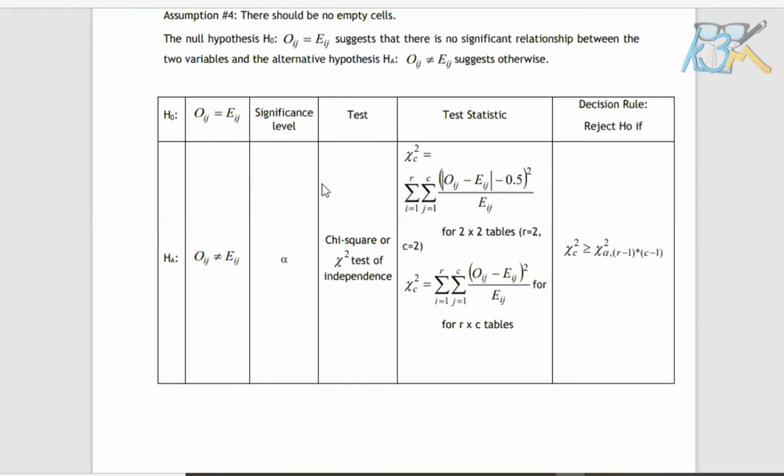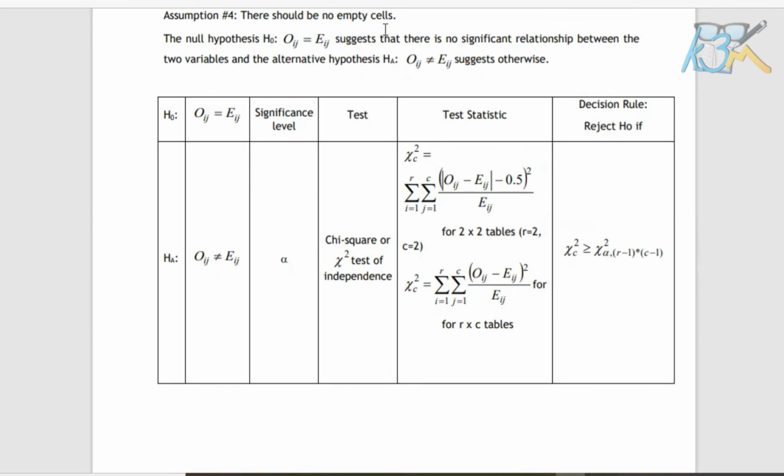And note, here is the decision. We reject the null hypothesis if the calculated value is greater than the critical value. When the calculated value is greater than the critical value, we reject our null hypothesis.